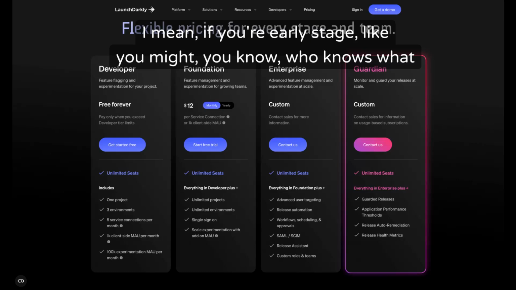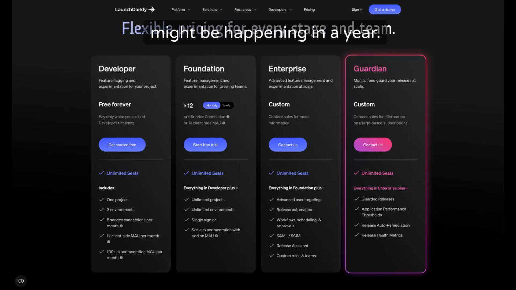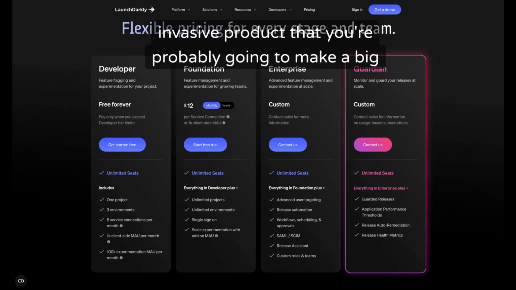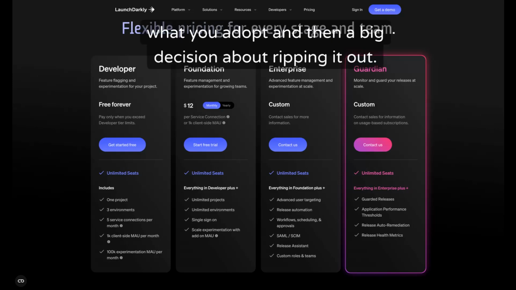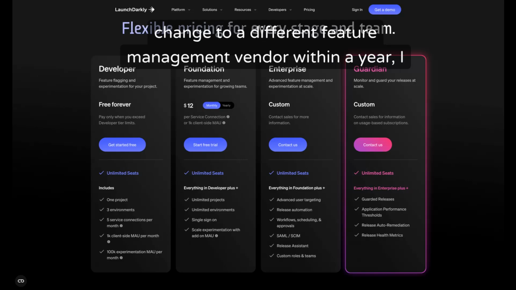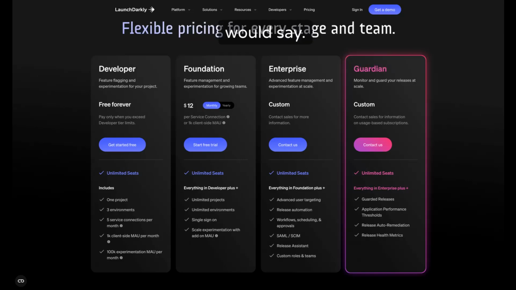If you're early stage, who knows what might be happening in a year. You don't want a year contract for anything. But it is an invasive product where you're probably going to make a big decision about what you adopt and then a big decision about ripping it out. So if you do buy it, compared to most vendors, you're less likely to change to a different feature management vendor within a year, I would say.